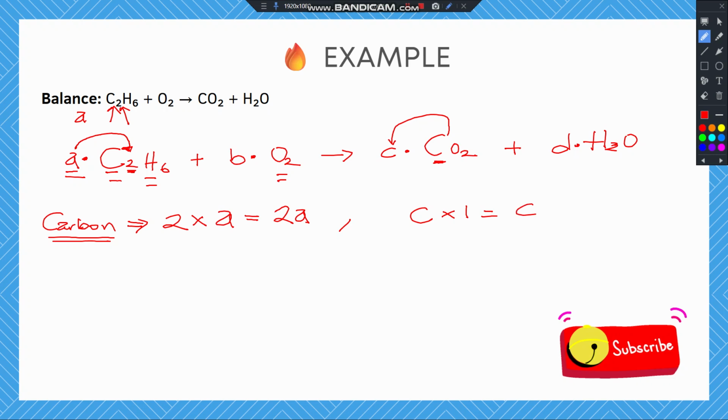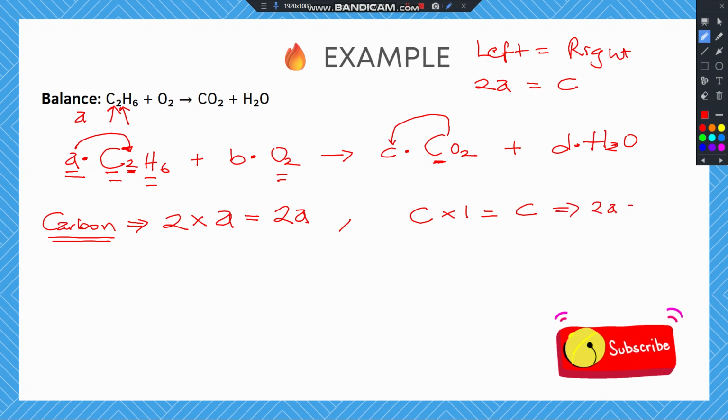That gives us C. And according to the law of conservation of matter, of mass, if we're to balance a chemical equation, the number of atoms on the left hand side must be equal to the number of atoms on the right hand side. So that means what we have on the left for carbon, which is 2A, must be equal to what we have on the right, which is C.